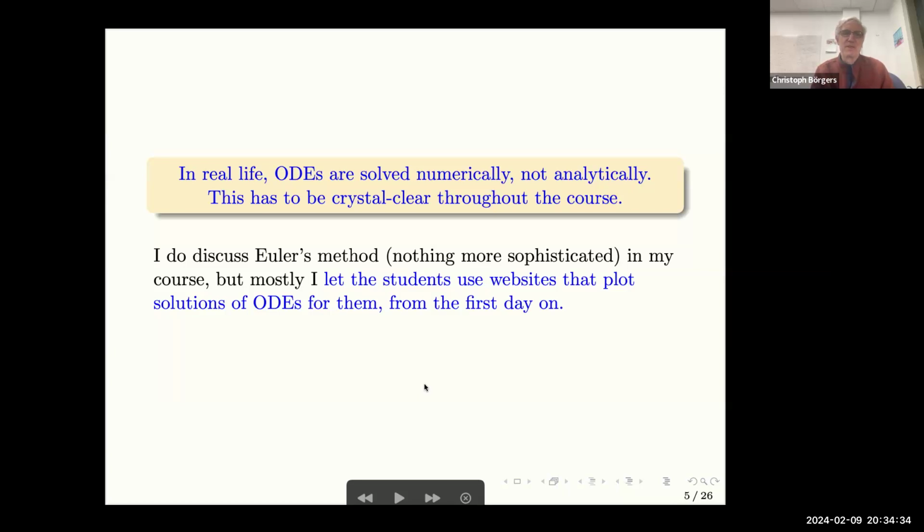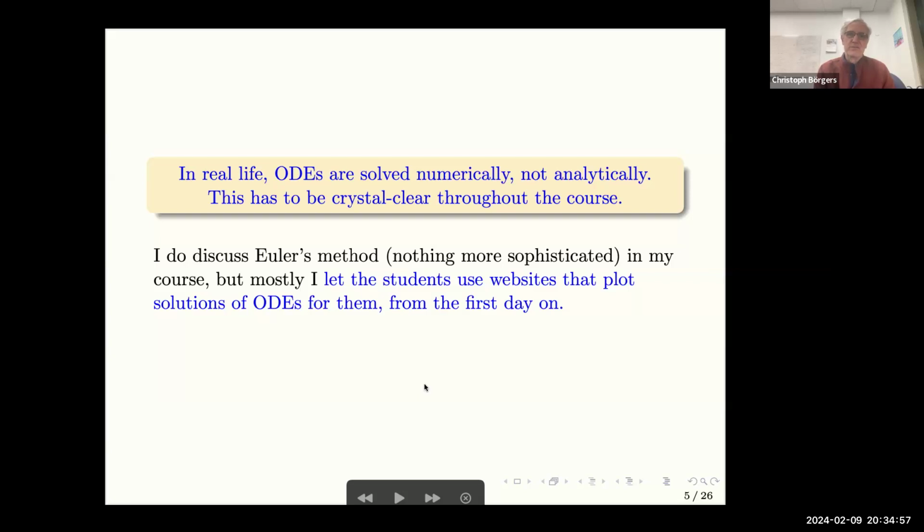And I might mention the notion of order of convergence, but only very briefly and I don't expect the students to really absorb that unless they do by chance. But I do let the students use websites that plot solutions of ODEs for them from the first day on.